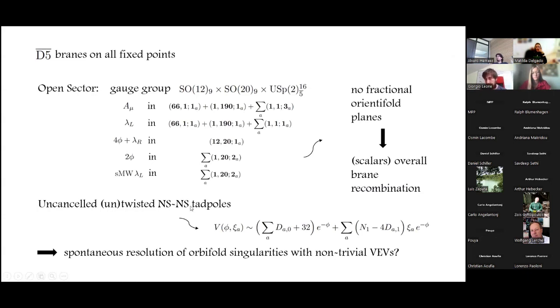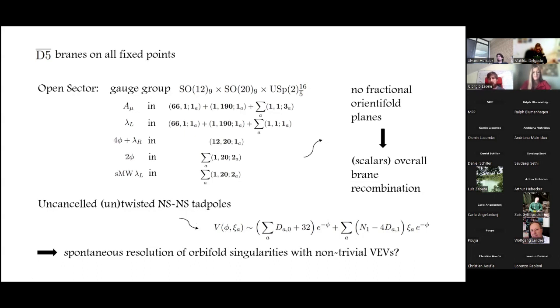Another interesting feature of this vacuum is the fact that now the dilaton potential does not only receive a contribution from the untwisted tadpoles, but also from the twisted ones, through the uncancelled tension of the D-branes. Here, these psi_A appearing here are scalars in tensor multiplets localized on the fixed points.